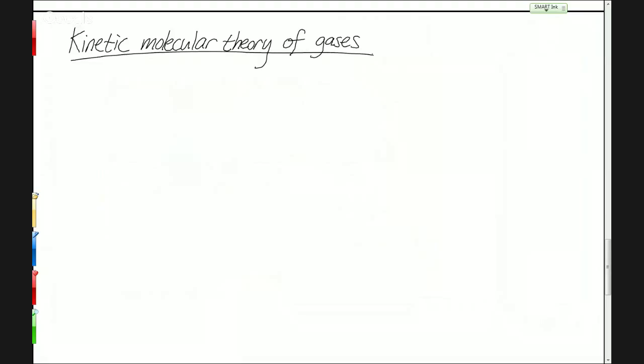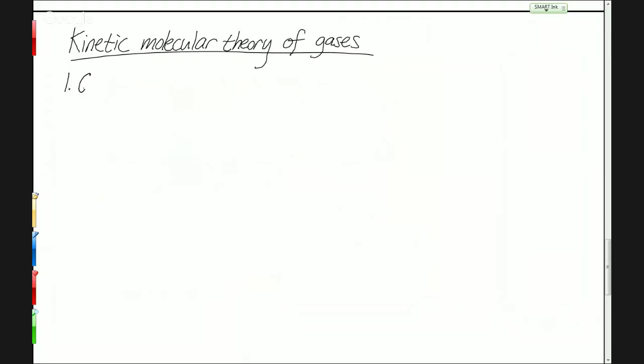Kinetic meaning motion. So the assumptions of the theory are basically that gas molecules are moving very fast, and there's a few other things that are causing what we see. So here are the parts of the kinetic molecular theory.